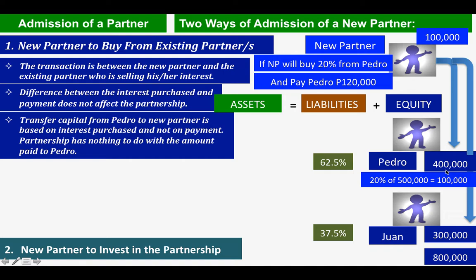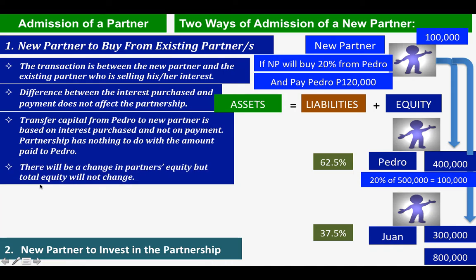There will be a change in the partners' equity, but the total equity will not change. There was a change in the ownership. The new partner will have 100,000, Pedro will only have 400,000, and Juan will remain at 300,000. So the total equity will remain at 800,000.